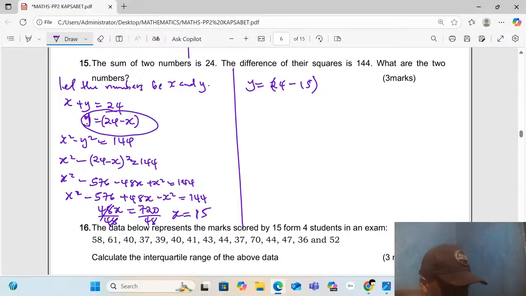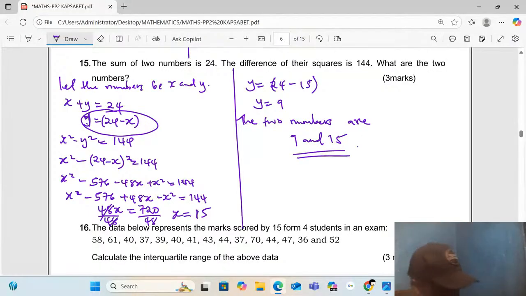Y is equal to 24 minus x, so we have y is equal to now what? 9. So the two numbers are 9 and 15.